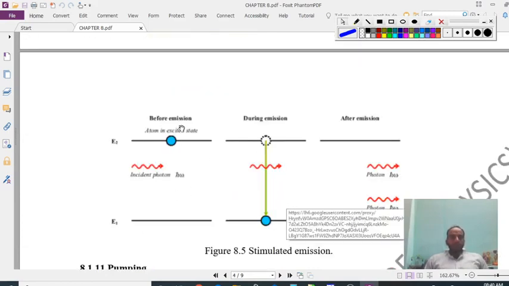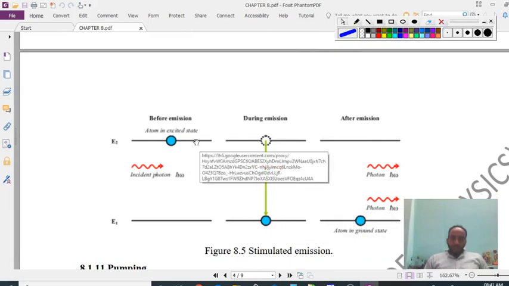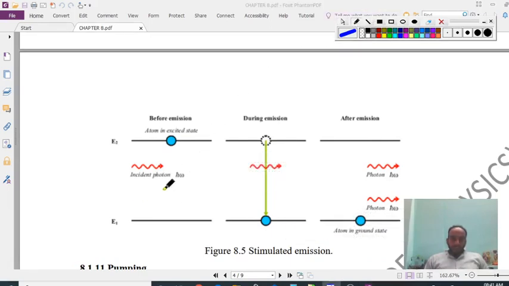In case of stimulated emission, if our electron is in excited state, then a photon comes from outside which has the same energy as E2 minus E1.